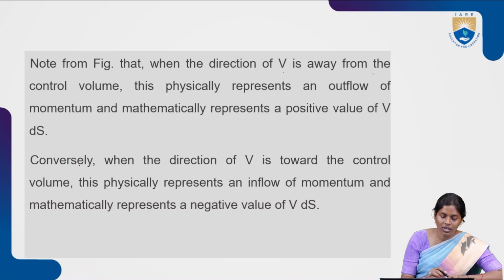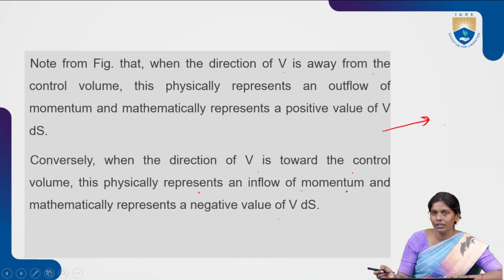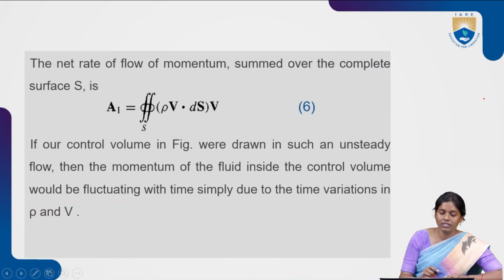Conversely, when the direction of v is towards the control volume, physically it represents the inflow of momentum, and mathematically it gives a negative value. So when the velocity is going inside, we represent it as a negative v dS, and when it is going outward, we represent it as a positive v dS.